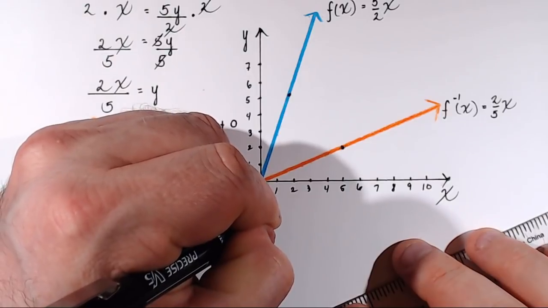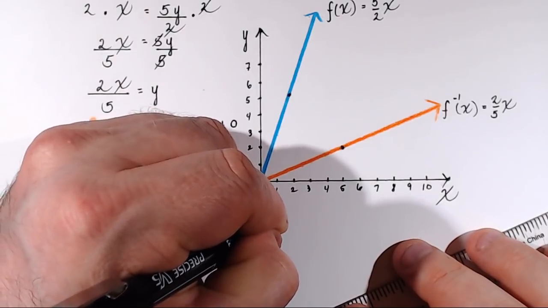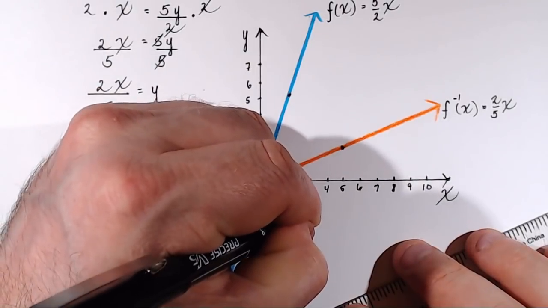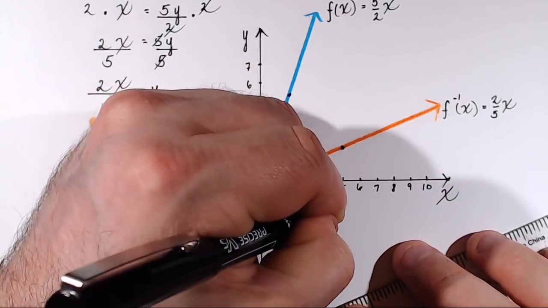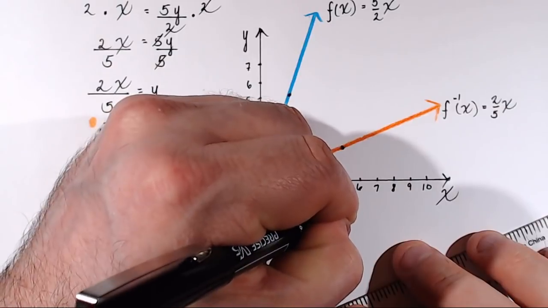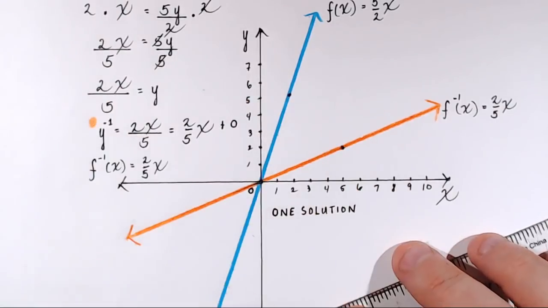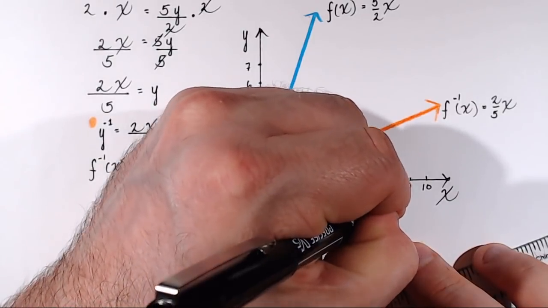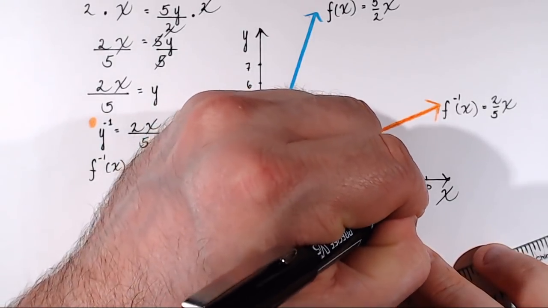So this has one solution. And that solution is 0, 0.